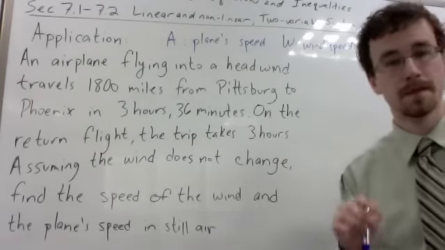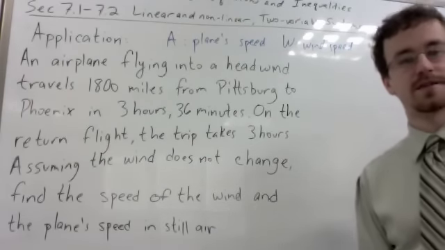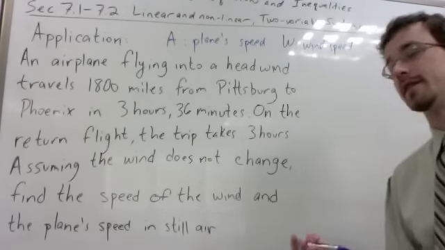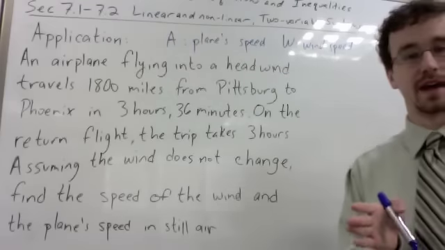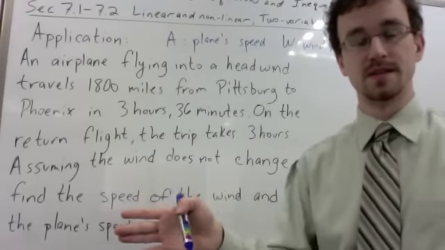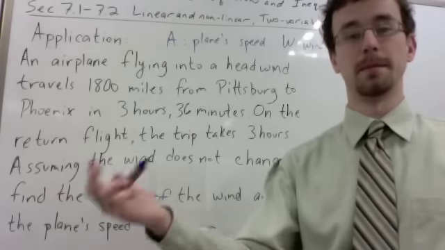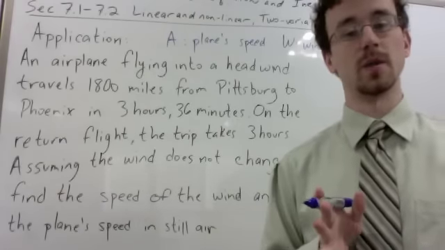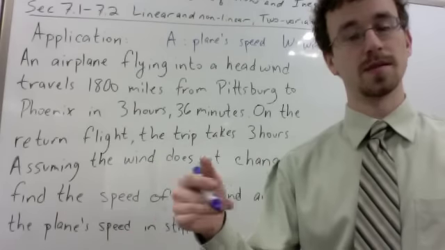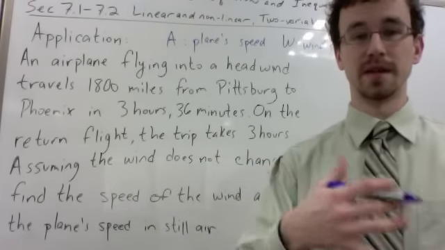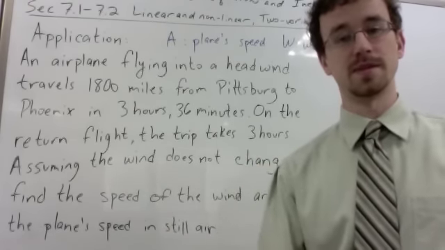of the wind. Now the way the wind affects the flight of the airplane is that if we're flying into the wind, then the speed of the plane winds up being the plane's speed minus the wind speed. If it's flying with the wind, the speed winds up being the plane speed plus the wind speed.